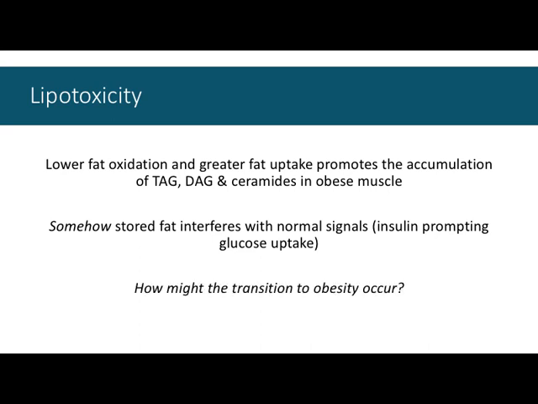The question is, how does the transition occur? The question for me is, how does this signal cause a disruption? Somehow is not good enough. How does the signal from an increased prevalence of fat cause a disruption?